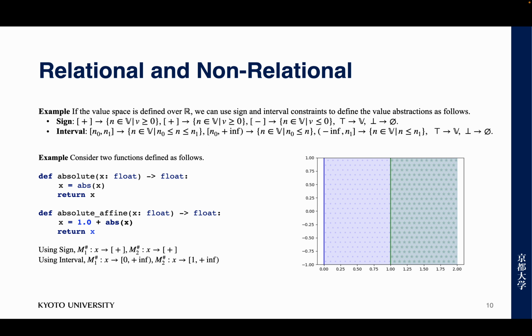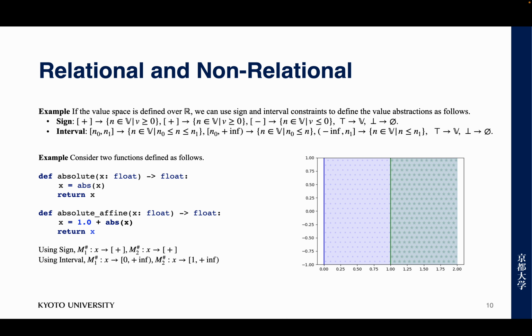The empty set is obviously the bottom, and the real number set is the top. As for the interval abstractions, we use n0 and n1 to represent two lines on the graph. Values are constrained to the right of n0 and the left of n1.